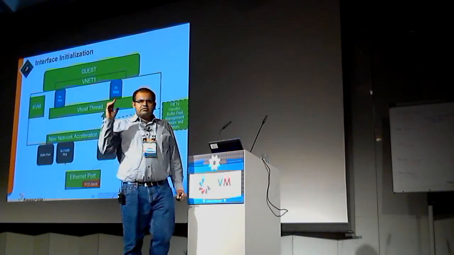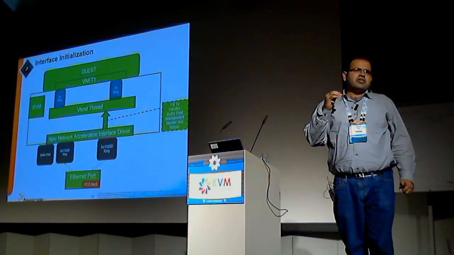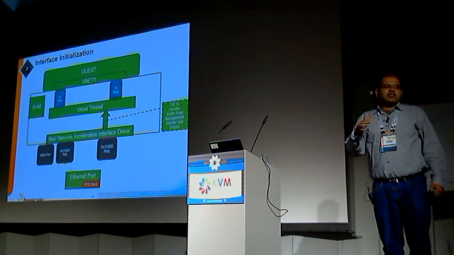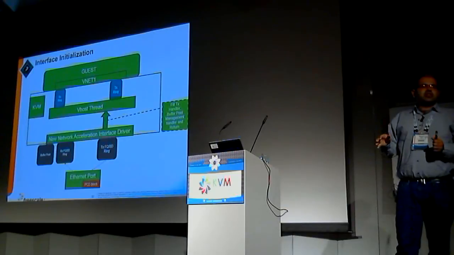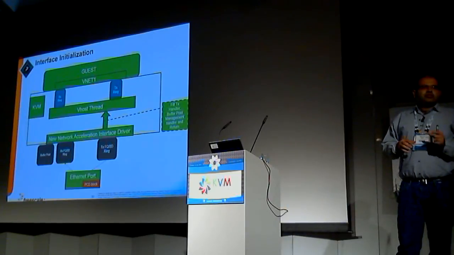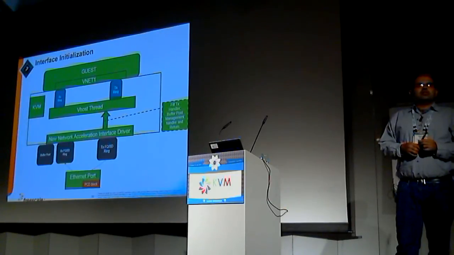So it's not dedicating an Ethernet port to the guest. If you have the hardware functionality where you can do the parsing, classification and distribution and have multiple frame queues, you can use RSS or flow director to distinguish where the frame is going.